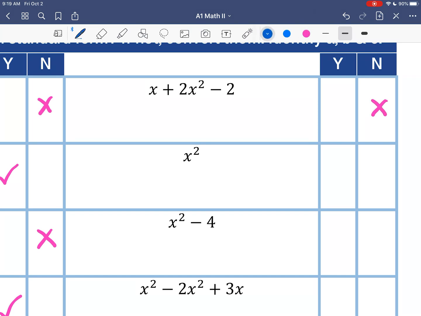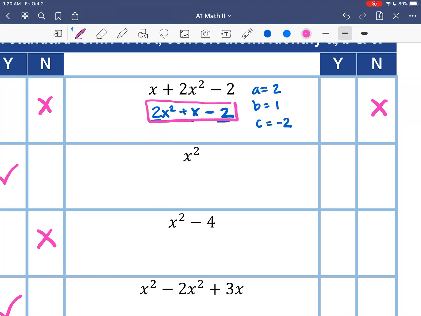So I'm going to say that no, this is not in standard form because it's not in the right order. But all we have to do to get it there is just put the stuff in the right order. And then we can identify A is 2, B is 1, and C is negative 2. Again, those are just the coefficients in front of each variable, and it's nice because it goes in order, A, B, and C.